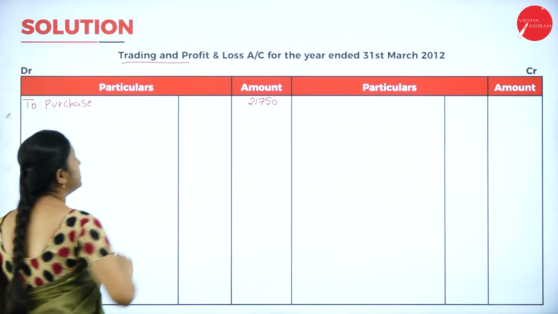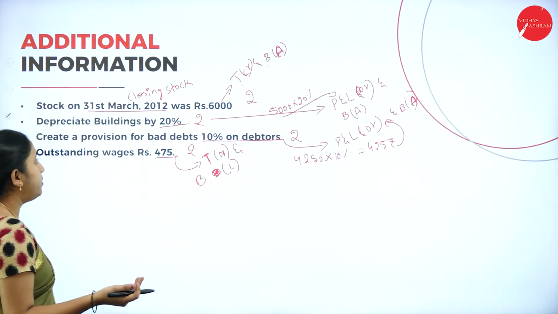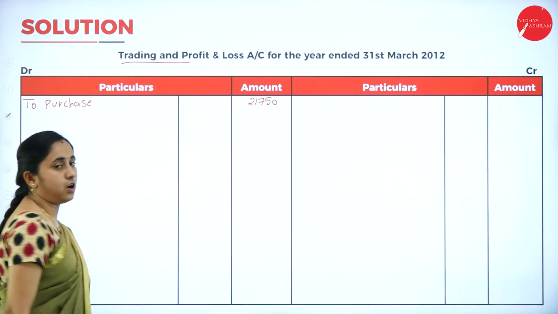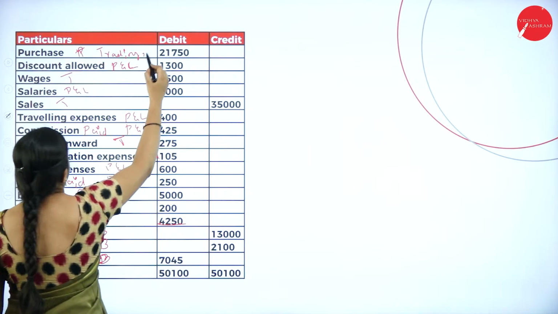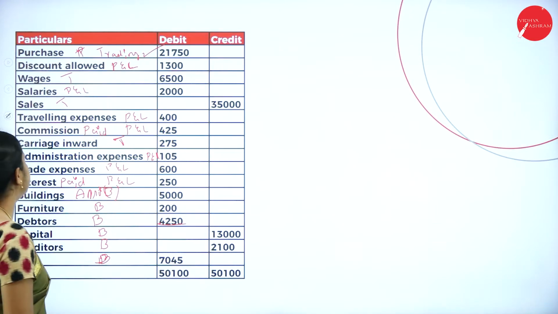We don't have any adjustment related to purchase, that means any purchase return. We don't have purchase return here, so write directly in the outer column 21,750. Next, just make a mark so it is clear that we have considered purchase.